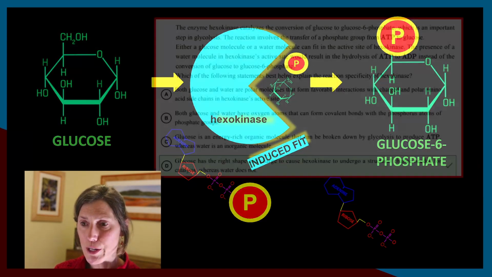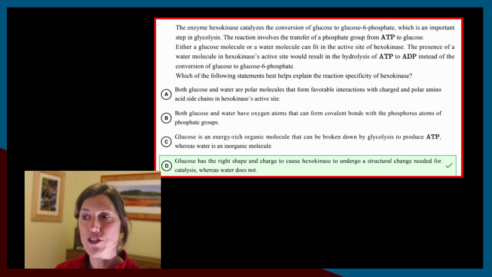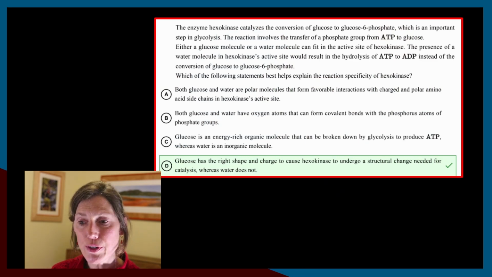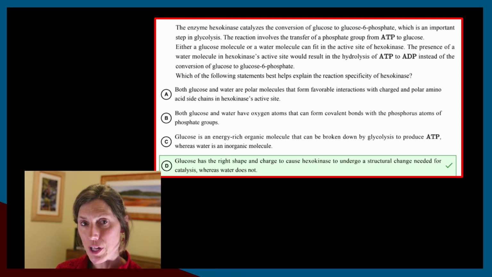Let's go back to the question now. Which of the following statements best helps explain the reaction specificity of hexokinase? And I'm taking you straight to the correct answer. D, glucose has the right shape and charge to cause hexokinase to undergo a structural change. I referred to that in the previous slide as an induced fit.